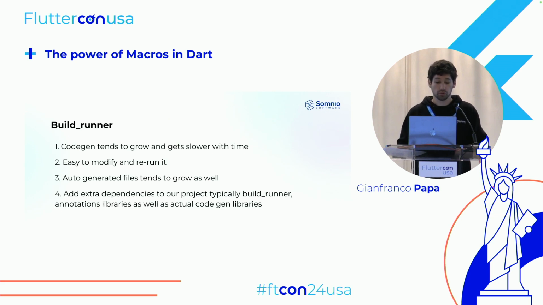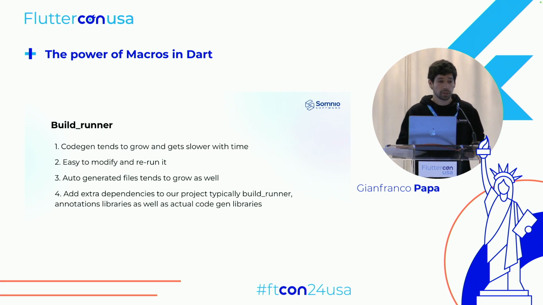The code generation tends to grow and get slower with time. We experience in every project that we have a lot of generation happening that is really useful, but it tends to get slower and slower. And there were a couple of times where we decided not to include as many generative libraries as needed because of this problem, right?